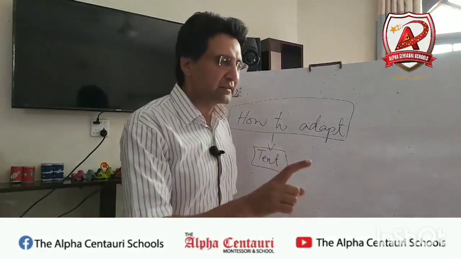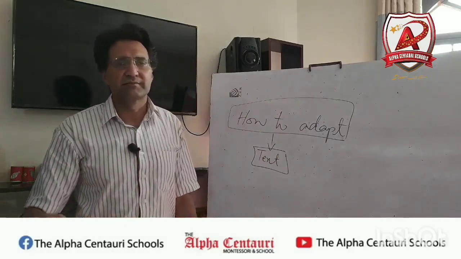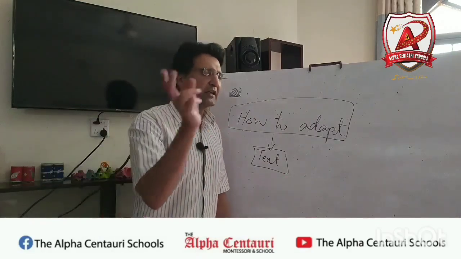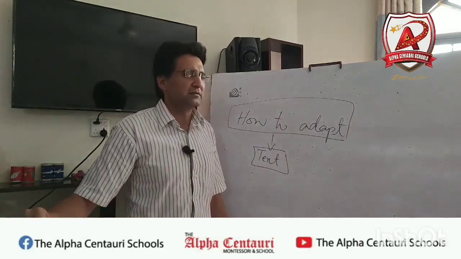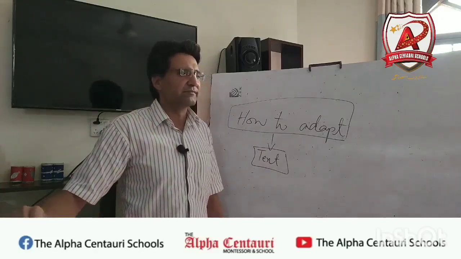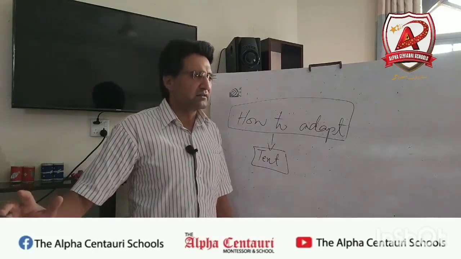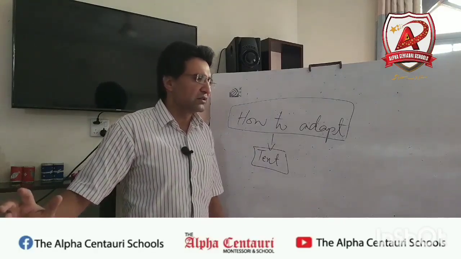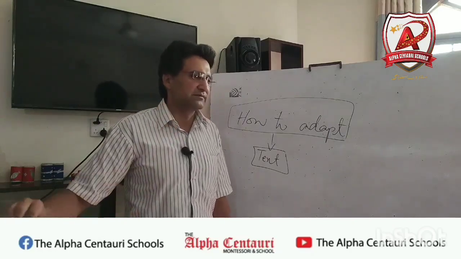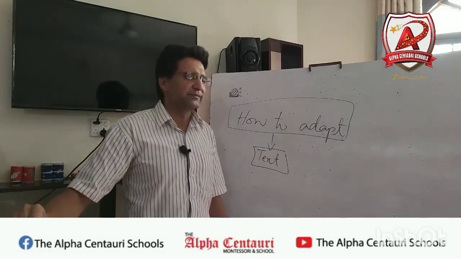When the language is clear, grammar is the byproduct of that. When your language is clear, you will automatically learn grammar. Have you learned the grammar of your native tongue? You didn't learn. But still you are using it, because you received all this through listening. 24 hours you are listening to your native tongue.